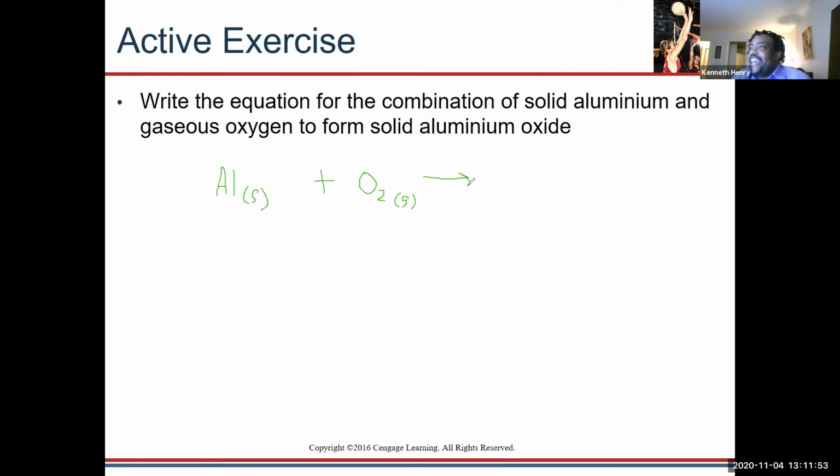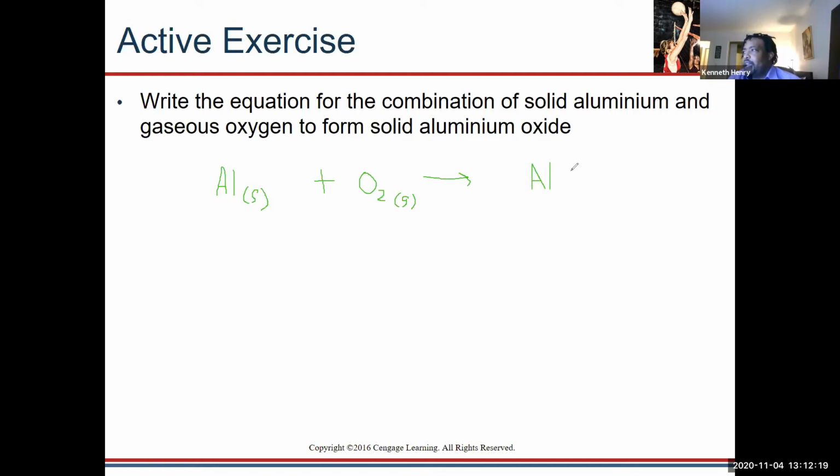Okay. And then what are we forming? Aluminum oxide. Okay, and what is the chemical formula for aluminum oxide? Well, it would be the Al and the O, but then we have to balance it.